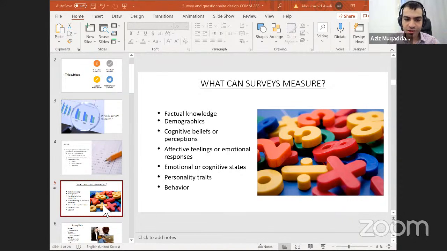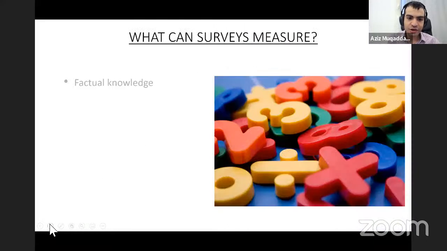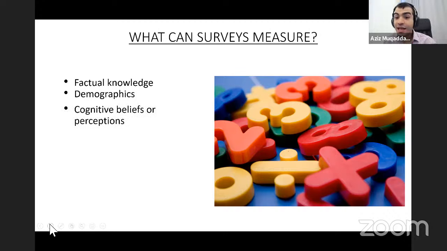With that survey, I can also look for demographic information. So we mentioned before, getting age, gender, ethnicity, income, those types of things. I can also ask questions about cognitive beliefs and perceptions.